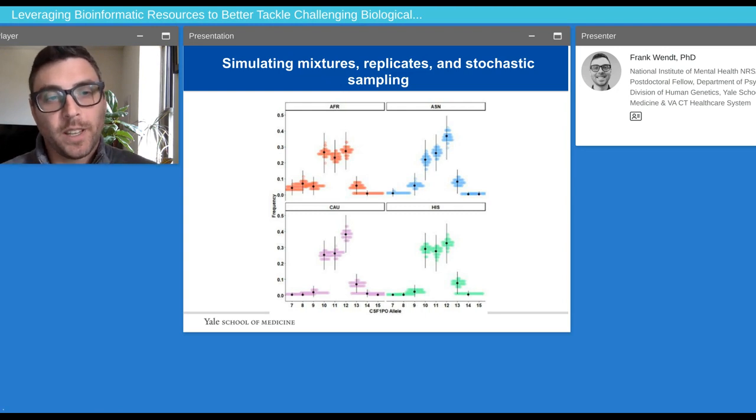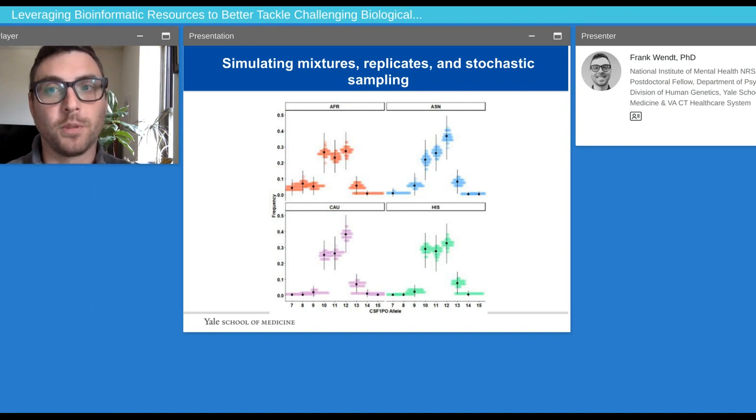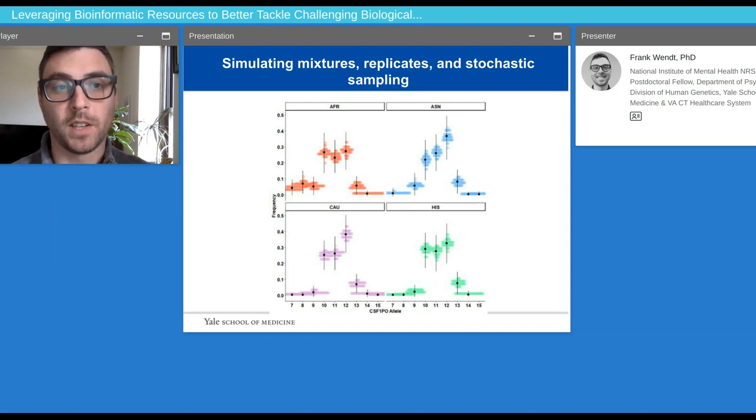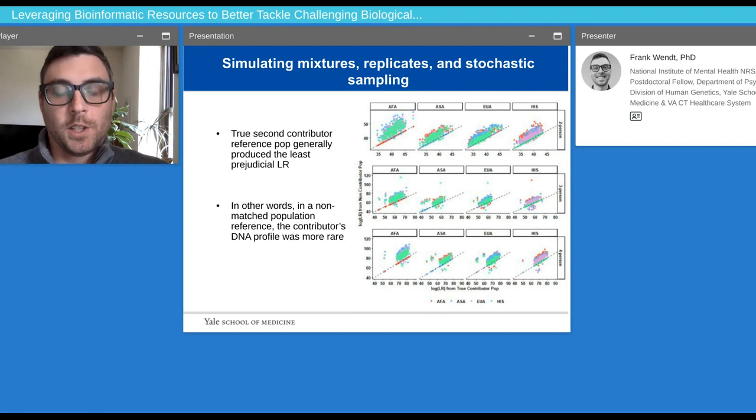And this was initially really exciting to us, but as we thought about it a little bit more, we became curious about how these even minor changes in allele frequency distribution could impact the resulting match statistics for either single source profiles or a mixed DNA profile. So we went on to test how that may affect what our mixture statistics look like.